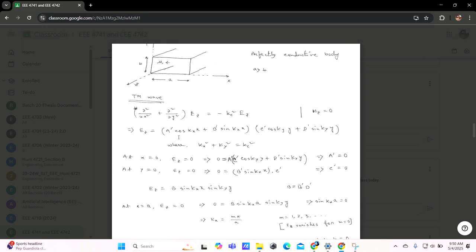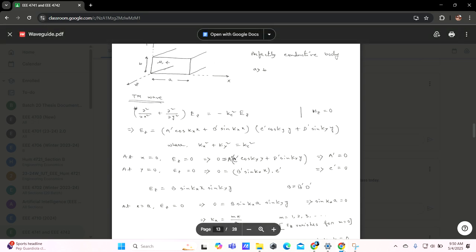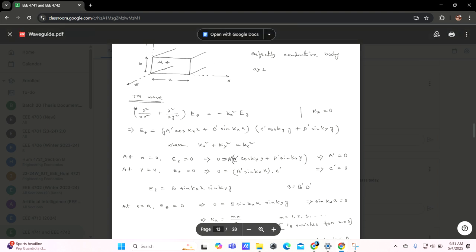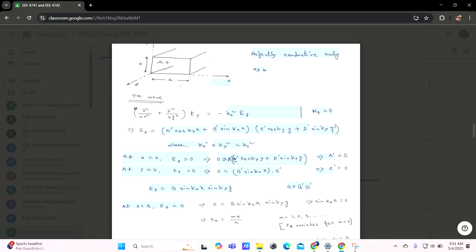Then by putting these boundary conditions into our result, we can get the cutoff frequency. kc square is the cutoff wave number, and previously we derived some value and we get this equation.